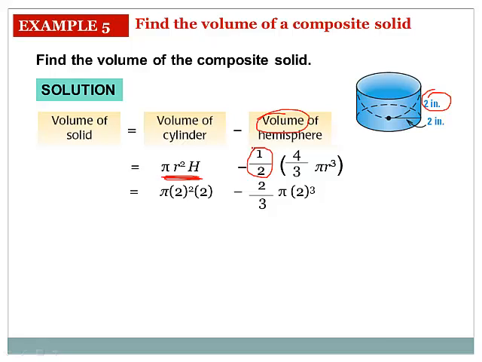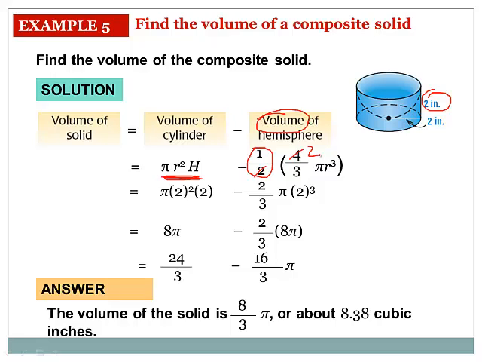All I did here is I simplified, said that 2 goes into 4 twice, and gave me 2/3, and my radius again is 2. In this case, I used the pi button, so I got about 8.38 cubic inches. So depending on if you use the pi button or 3.14, you should get roughly around 8.38 cubic inches.